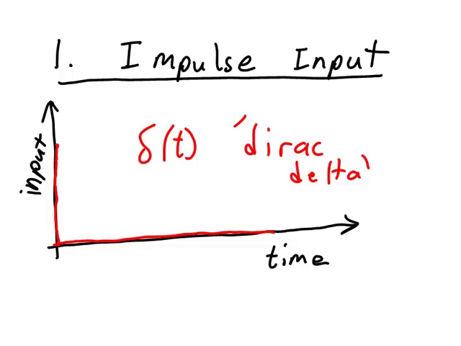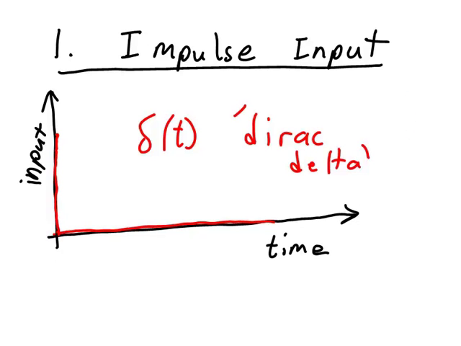The Laplace transform of an impulse function is the number 1. Now I know that you don't know yet what is meant by Laplace transform, but I want to tell you what the Laplace transform is of each of these input functions so that you can start to try and notice patterns as we go. If you try and notice patterns now, it will be easier for you later on when we try to remember what the Laplace transform is and what it means.